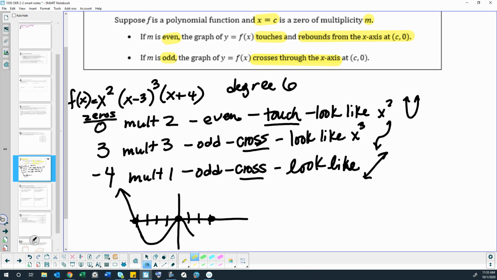At +3, it's going to be more of a little curvy thing like that because of the multiplicity of those zeros. So it just gives us an idea of what they look like. Now, I don't care so much about linear versus x cubed. That part doesn't matter so much. What matters is knowing whether it's going to touch or cross the x-axis.